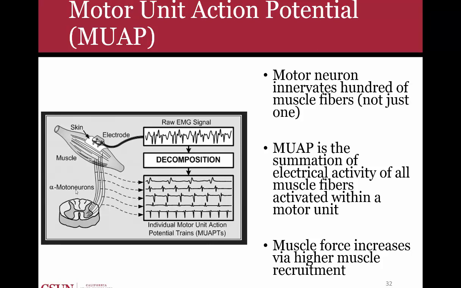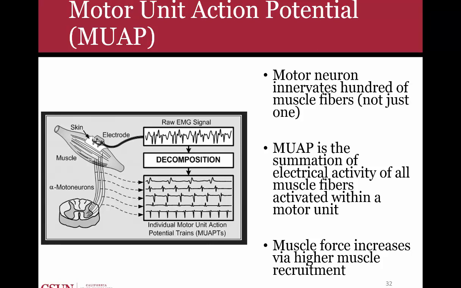If you were to get a magical electrode that could actually see what the potentials were along the neuron, you would get these nice clean signals for each of the different nerves originating from the spine to the muscle. But in reality, that would be very invasive, right? These are individual action potentials along the actual length of the neuron. We can't actually measure that unless we poke that specific nerve in close proximity.